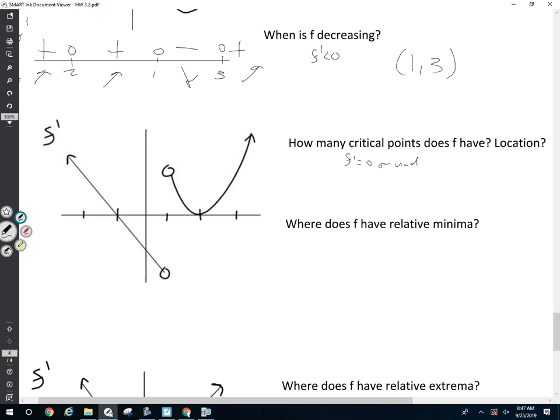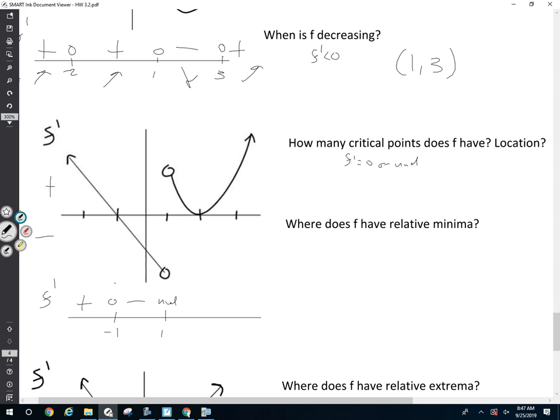If you did a sign analysis, you would be able to see f prime's got positive values until -1, negative values until 1. Now at -1, we have a 0 f prime value. At 1, we have an undefined value. We have an open circle.